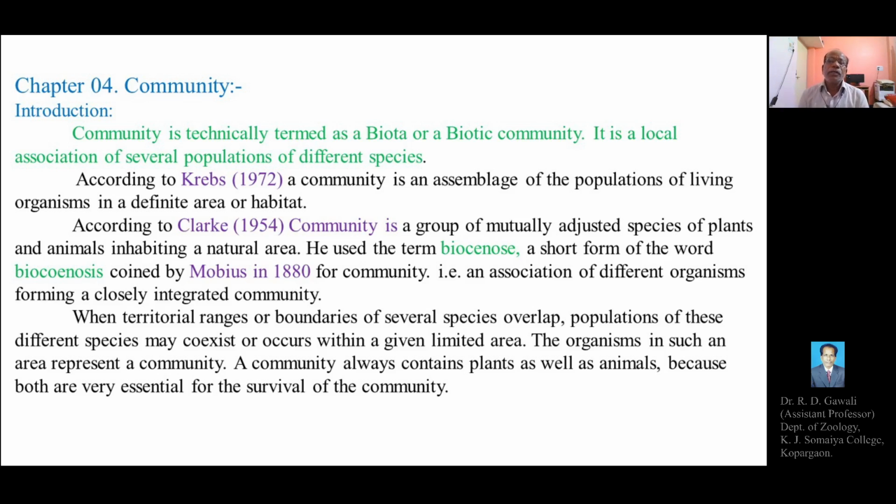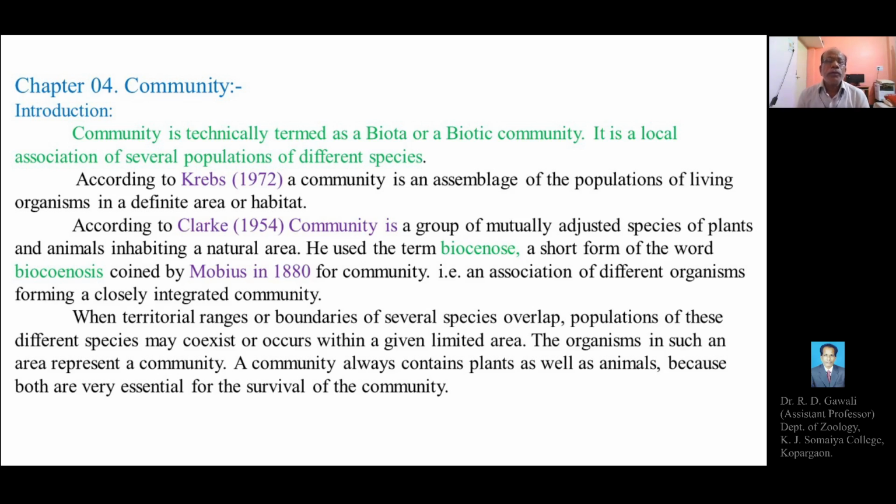Mobius coined the term biocenosis for the community, that is, an association of different organisms or different species forming a closely integrated community. Forming a closely integrated community means showing interdependence on one another.